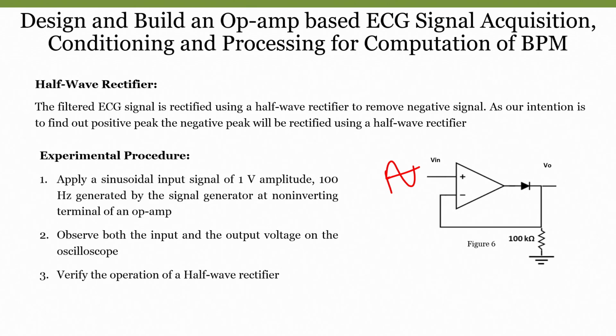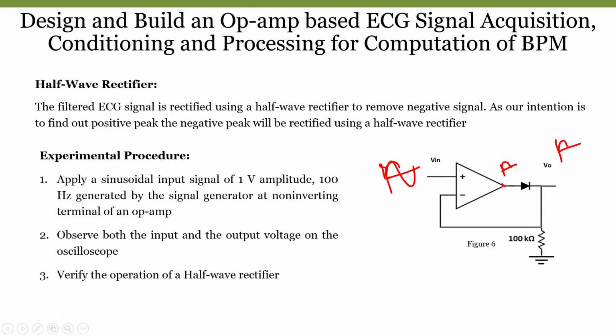To understand the circuit, for example, if the input is a positive peak, what is supposed to be the output? It should also be a positive peak, right. Because of this positive peak, the diode will be in forward bias condition, so we will get a positive peak.